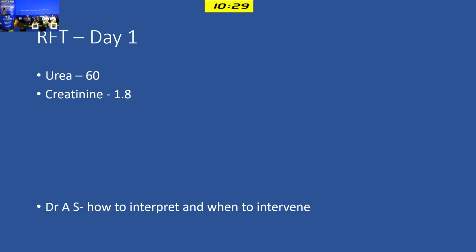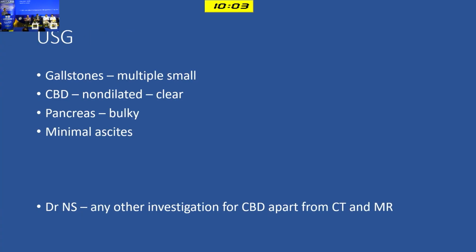But with 1.8, we need to correct the hydration first and see whether it's coming down or not. If it is not, then you have to consider that he is developing organ failure. So with a significant rise of urea and creatinine on day one, do not get alarmed, replenish fluid, reassess, and see whether the urea and creatinine are going down. Usually they go down. So on day one, if the parameters improve, then we can relax.